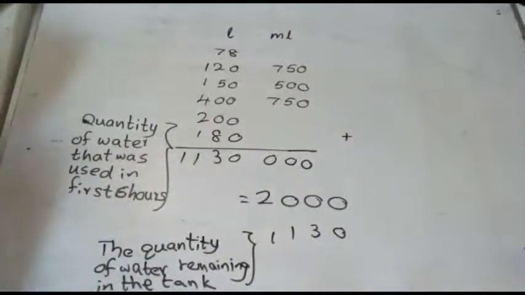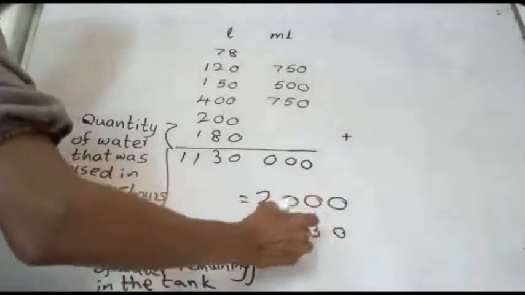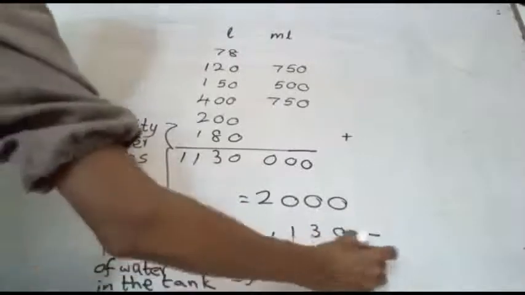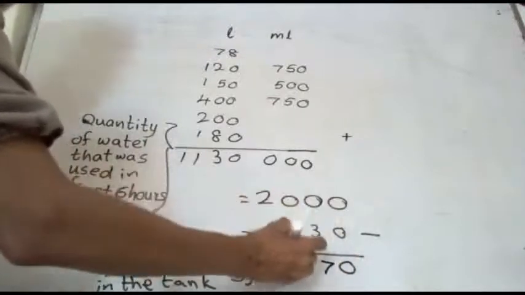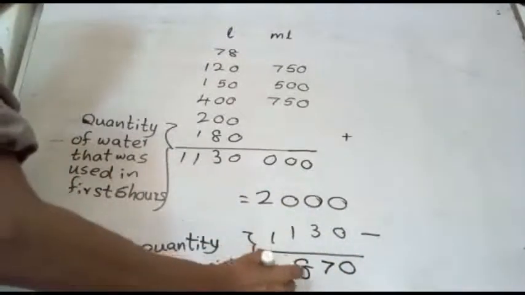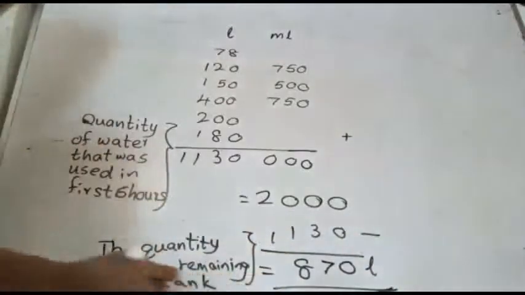Now the quantity of water that has to be added to the water to fill up completely: 1130 is subtracted from 2000 liters. 10 subtract 3, 7. 9 subtract 1, 8. 870 liters is the answer.